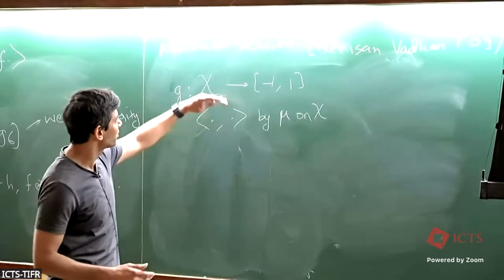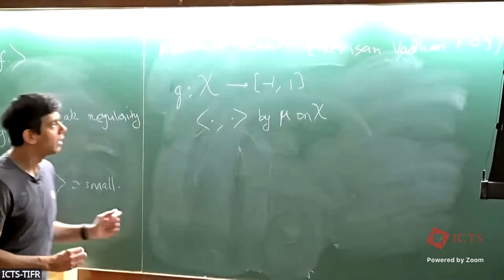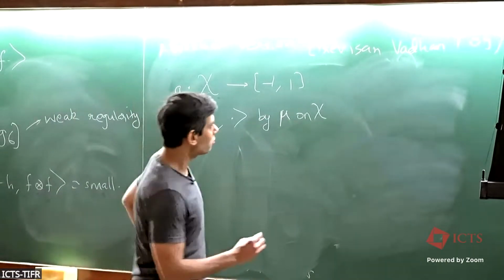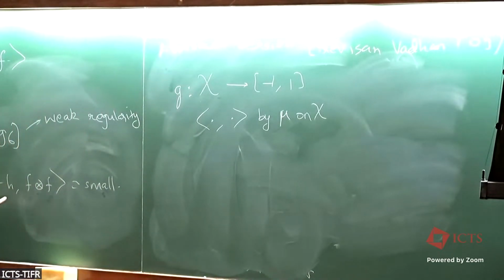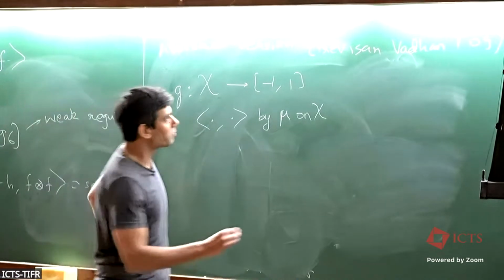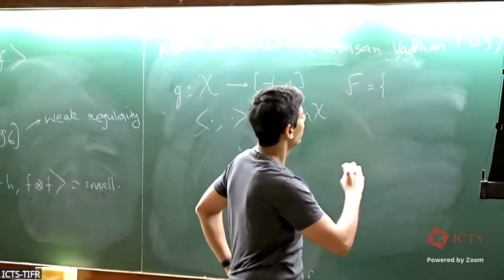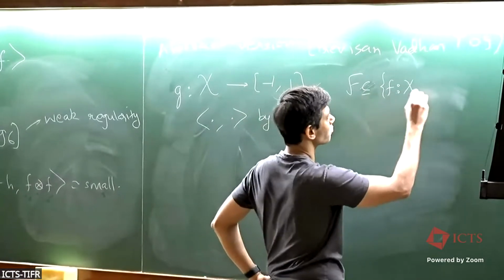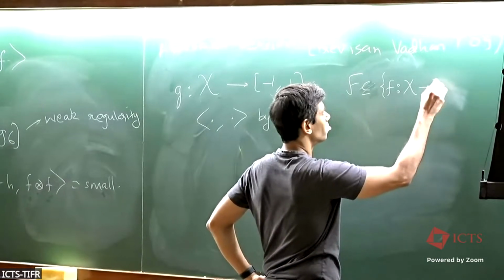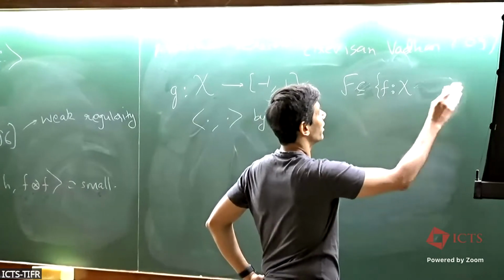So just think we have some probability measure, and we'll define inner products the same way by expectation according to this. And let's abstract out the class of functions. We'll think of these as distinguishers. They're trying to distinguish G and H, and let's try to abstract out our class of distinguishers. Okay, so let's just say F is some subclass of functions. Yeah, let's say this. Actually, I just need something weaker, so let me write something weaker.